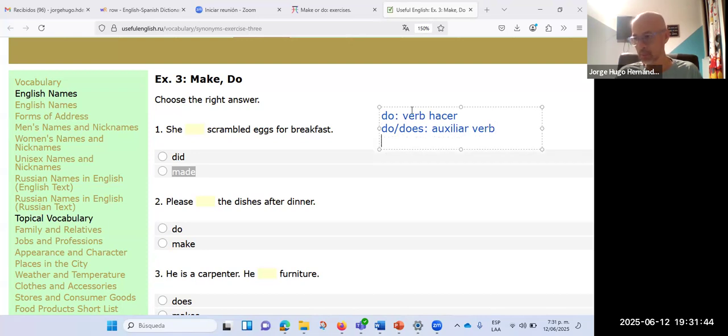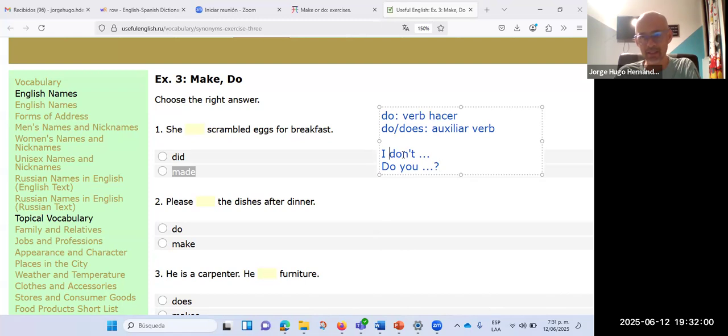And sometimes we use this verb and it doesn't mean anything, no? For example, when I say I don't, or when I say, do you, like a question, no?